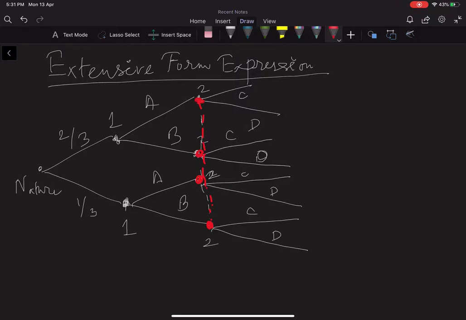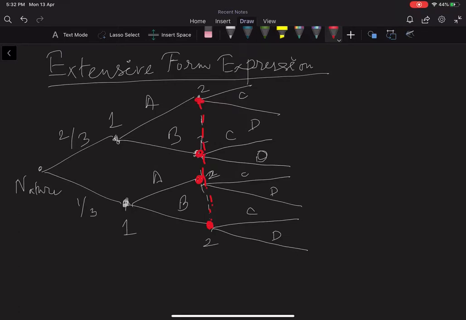There's a nature which is moving first, but nature is not really a player in the sense we understand players who have strategies and payoffs, etc. Nature is just a way of expressing the uncertainty. Okay, so the game is a simultaneous move game with an incompleteness of information built inside it, and we are expressing this incomplete information simultaneous move game using this extensive form expression.